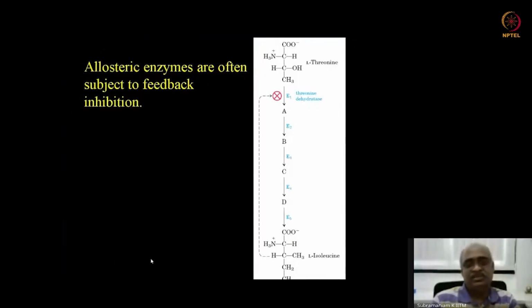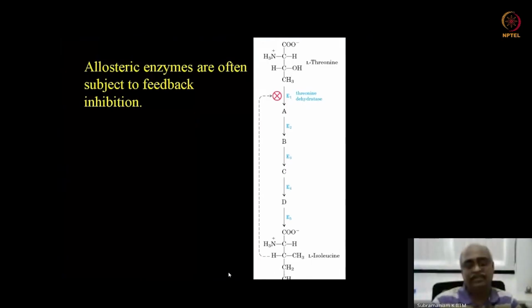And allosteric enzymes are often subject to feedback inhibition. So this is an important concept. So remember, metabolic pathways: we are right now studying the property of individual enzymes, but in our body, enzymes function in a series of reactions.